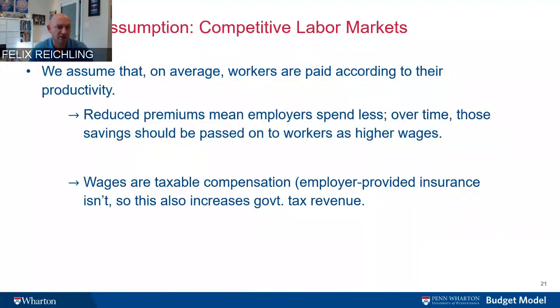Because wages are taxable compensation, that would also mean that government tax revenue is going to increase, because we're basically shifting money from tax-preferred compensation, the insurance premiums, to taxable compensation.